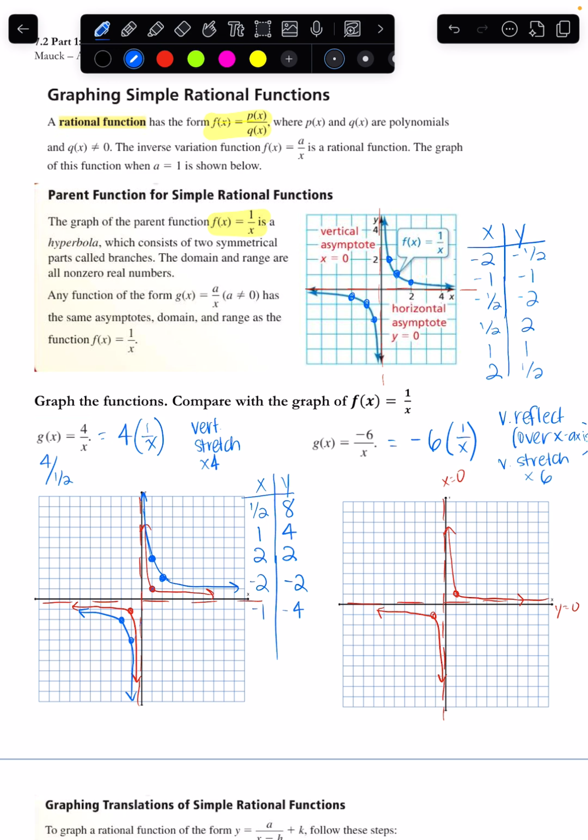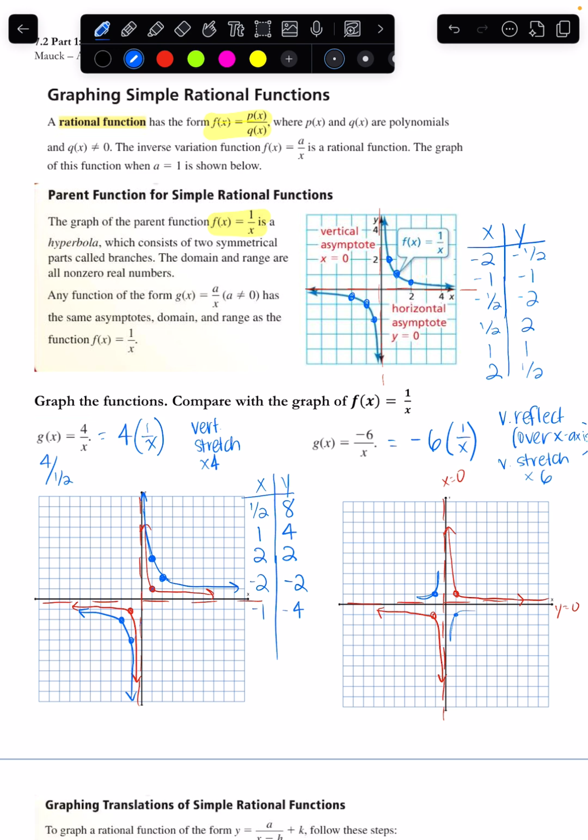Let's start with reflecting. If I take my piece here on the left and reflect it, I'm reflecting it up over the x-axis, which happens to be the asymptote. So I'm going to get this piece right there. And then the right side would reflect down and become like that.